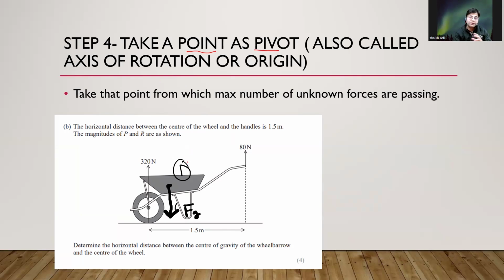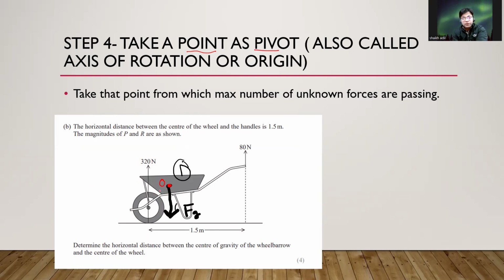But if the body is not moving, stationary or in equilibrium, you can take any point as the axis of rotation, any point as pivot. It would be better if you take as pivot the point from where the maximum number of unknown forces are passing. Here we don't know the force of gravity, so it is our unknown force. So we should take this point as our pivot.